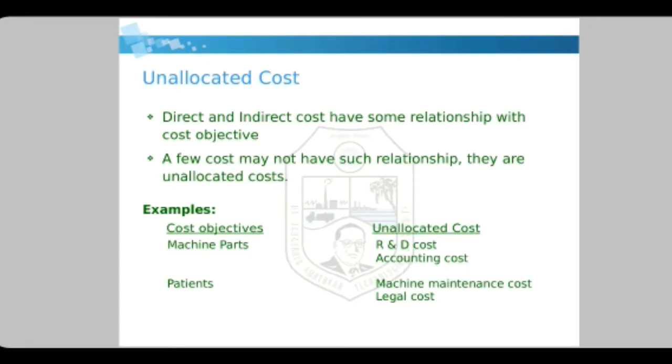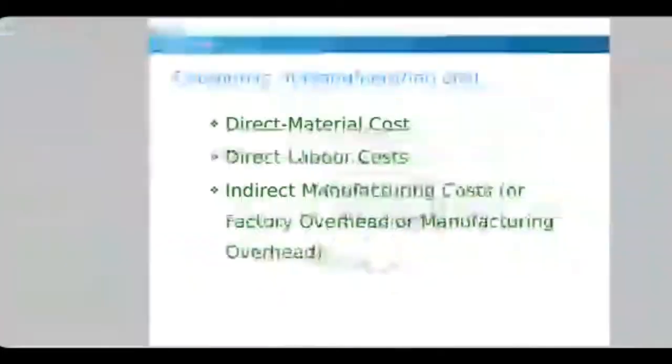Now whatever legal expenses that particular hospital is facing, that cannot be related or attributed to the patient cost. So this legal cost is unallocated cost. It does not have any relationship with the cost objective.